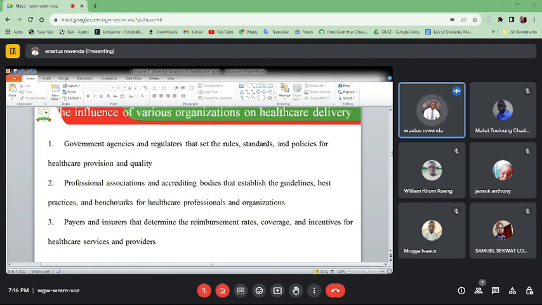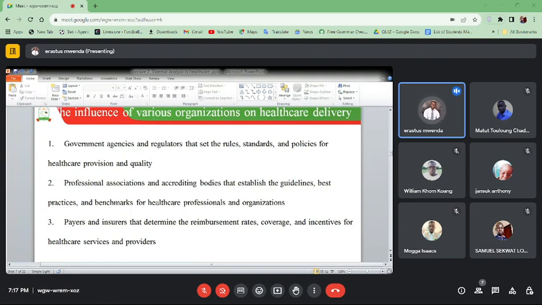That is what happens in the law industry. That is what happens in the accounting industry. We have accrediting bodies and professional associations that you need to be registered with as part of the requirements for you to be able to offer whatever service, and in this context, any healthcare related services.